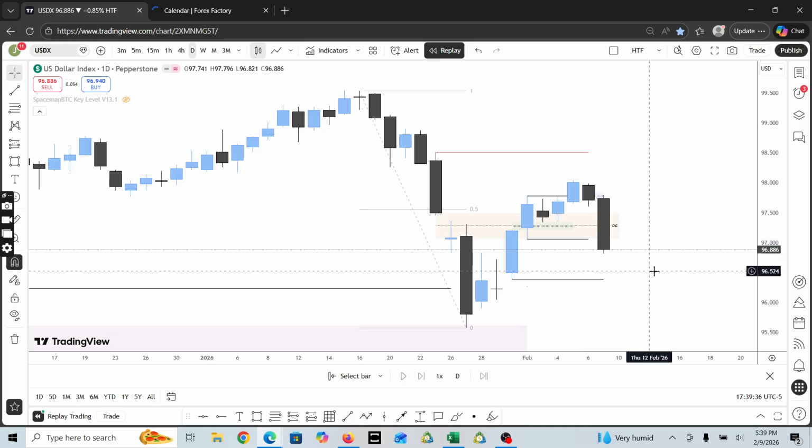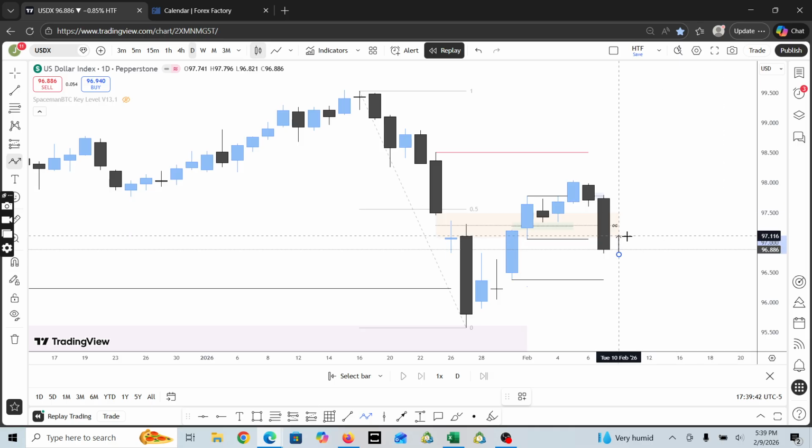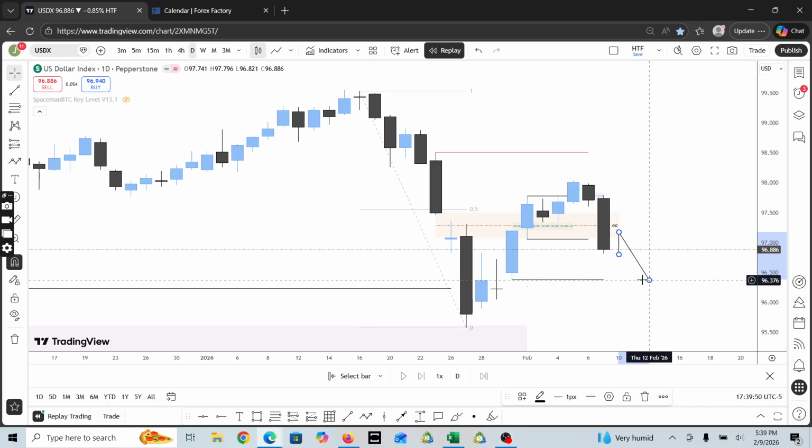In the meantime, I would love to see price use the opening gap again as a resistance level for continuation. I want to see a close below this if dollar is really very bearish.